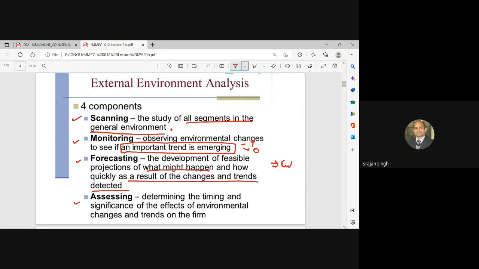So we see what might happen and how quickly as a result of changes and trends detected. If we implement something or make any strategy, how feasible will it be? Assessing, determining the timing and significance of the effects of environmental changes and trends on the firm.